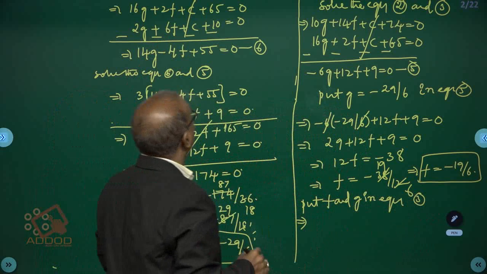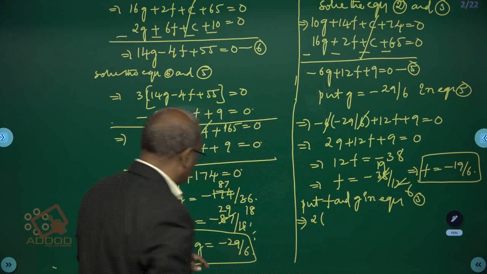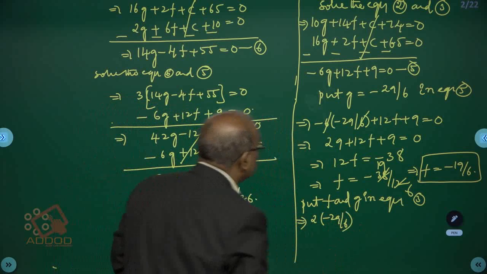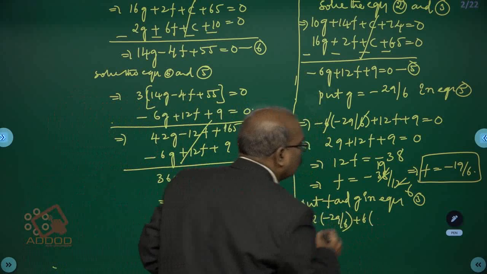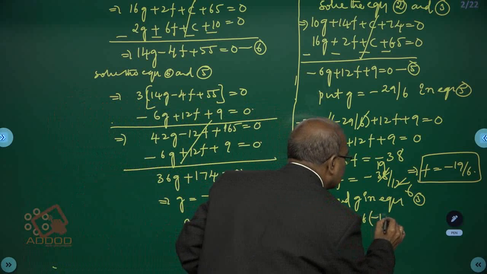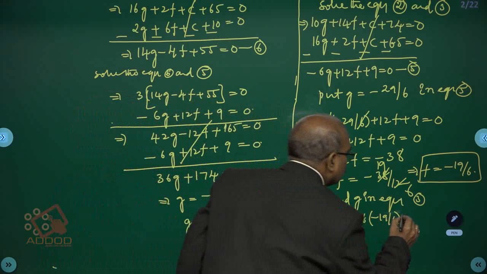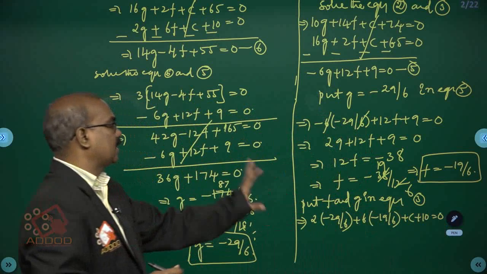So here 2 into G value -29/6 plus 6 into F value -19/6 plus C plus 10 is equal to 0.